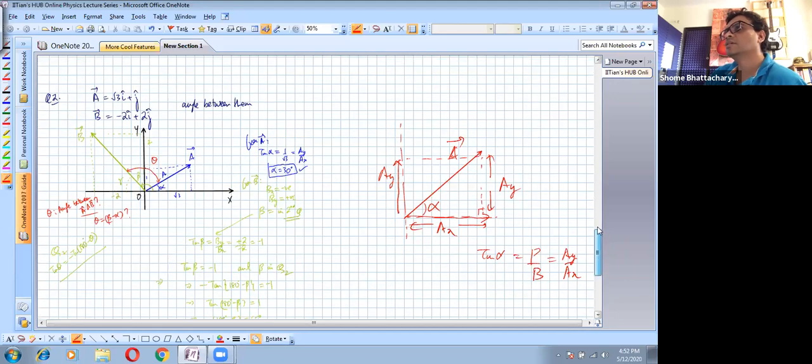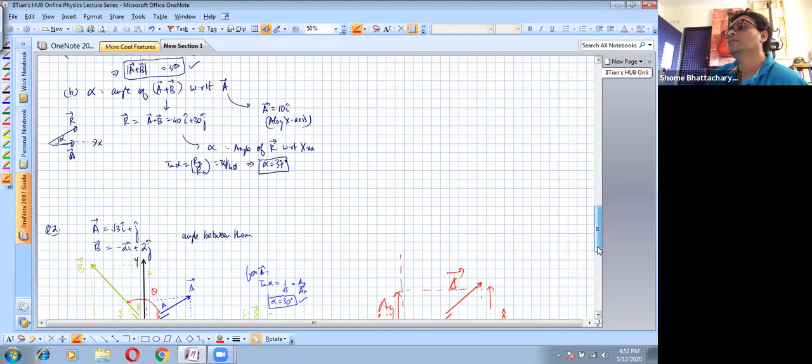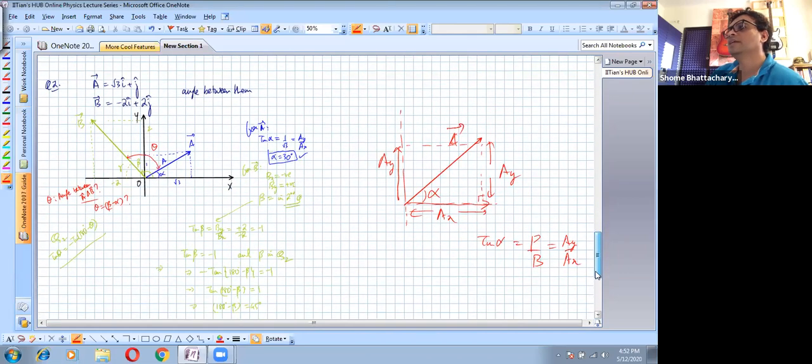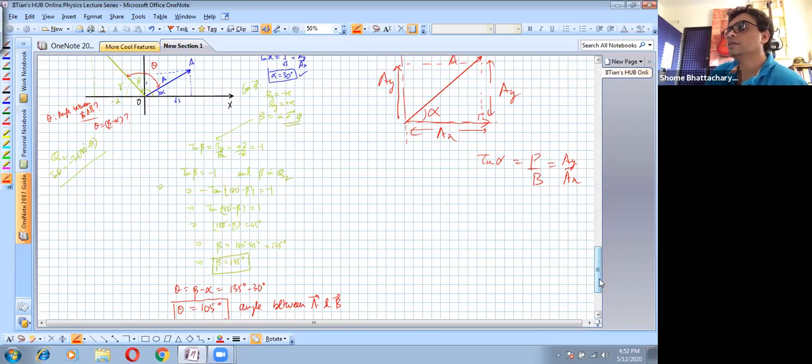Which question have I done this in? This question also, see, it is done ry by rx. Everywhere tan alpha, I mean the angle with respect to the x-axis, is always the y component divided by the x component. It's okay, you get confused sometimes.